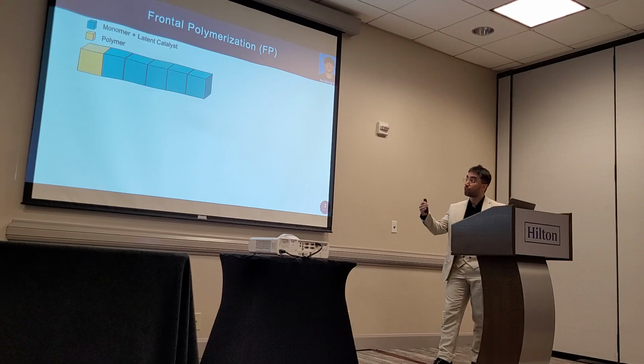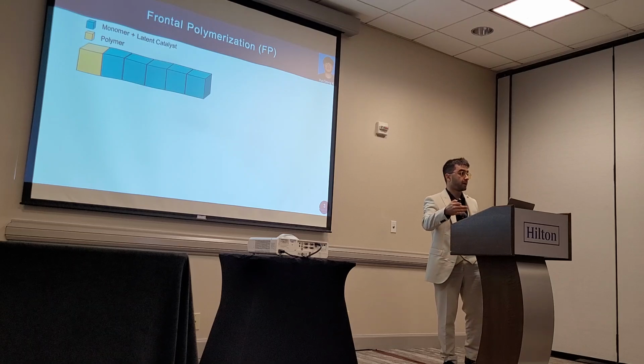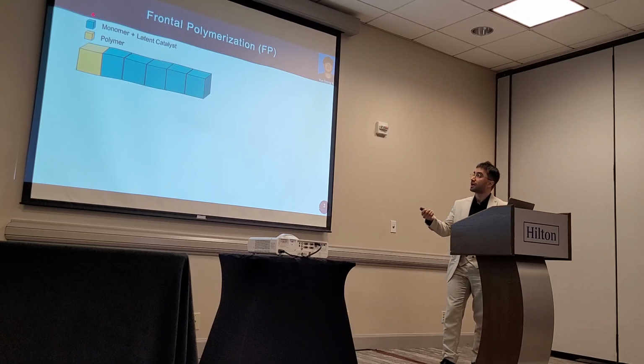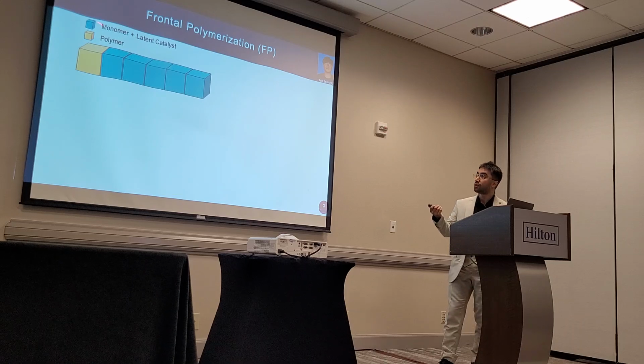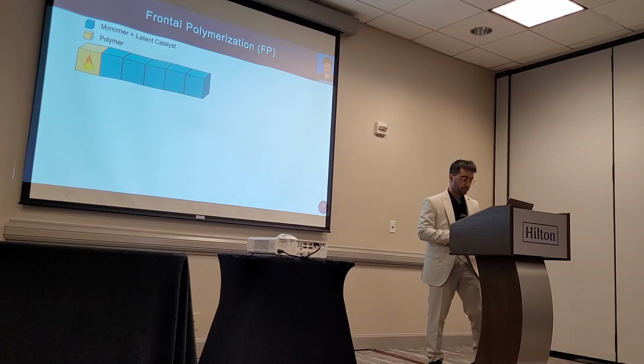So let's talk about what this growth printing is. To understand growth printing, we should first consider frontal polymerization, which is actually a chemical reaction. In this chemical reaction, we have monomer liquid material, which will be converted to a solid polymer material by supplying some heat.